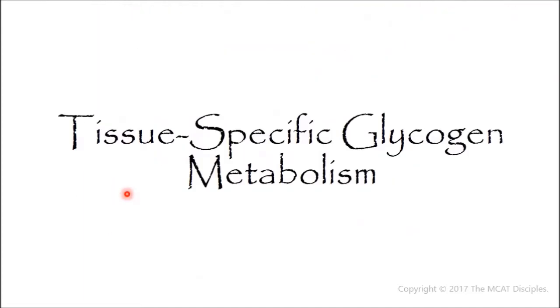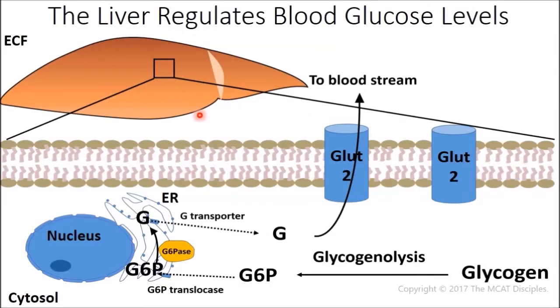So we'll go through some tissue-specific glycogen metabolism events that occur pretty much after glycogen metabolism. The actual regulation and glycogen metabolism happens pretty normally in the tissue where glycogen is found, liver and muscle. But the function of glycogenolysis in liver is to regulate blood glucose levels. So we break down glycogen via glycogenolysis into glucose-1-phosphate, then glucose-6-phosphate via phosphoglucomutase.